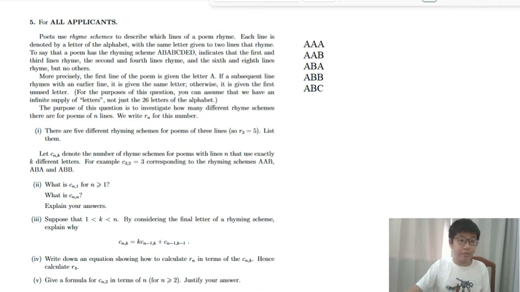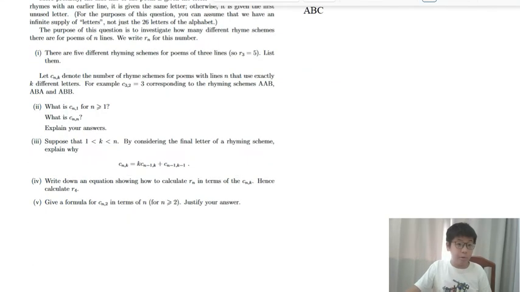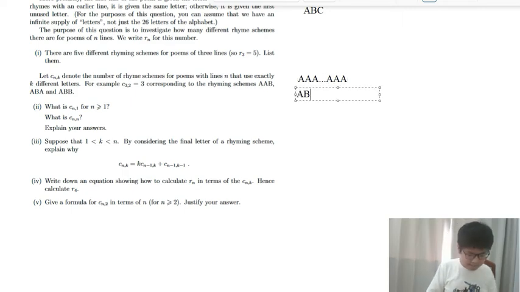And now we have a new notation. Let C_n,k be the number of different rhyme scheme components with n lines that use exactly k different letters. What is C_n,1 for n greater than or equal to 1? This means we're only using one letter, so it's A. So there's only one of them.